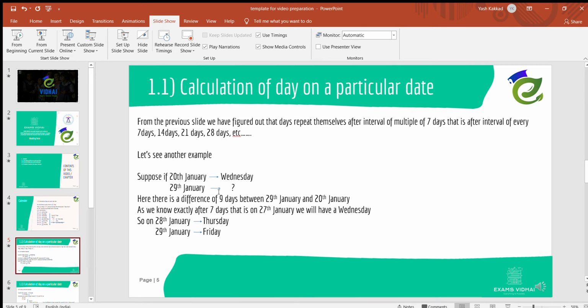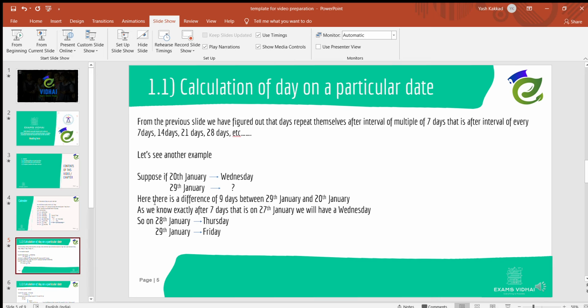Now, after calculating the difference of days, here the difference is of 9 days. So you have to find the closest multiple of 7 to 9. So here the closest multiple of 7 to 9 is 7 itself.